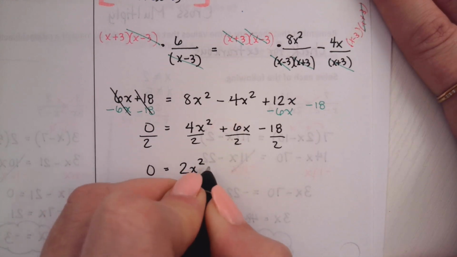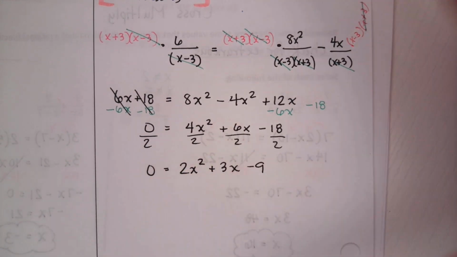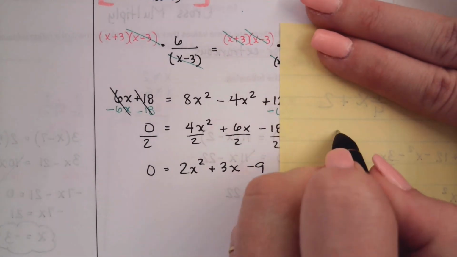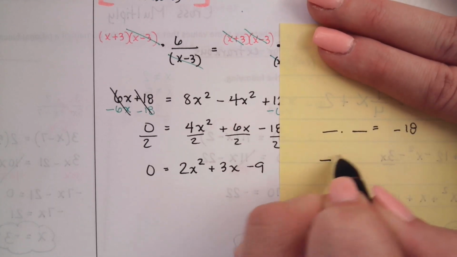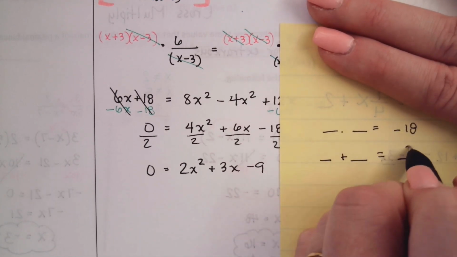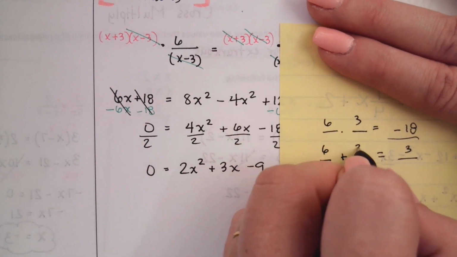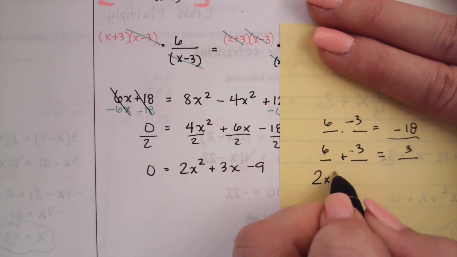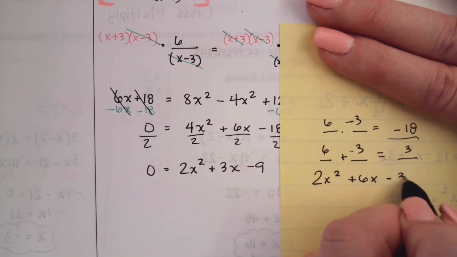2x squared plus 3x minus 9 now. Two numbers that multiply to negative 18, but they need to add to 3. 6 and 3. Yes, 3 would have to be the negative one. So we'll have 2x squared plus 6x, you're welcome, Danny, minus 3, minus 9.